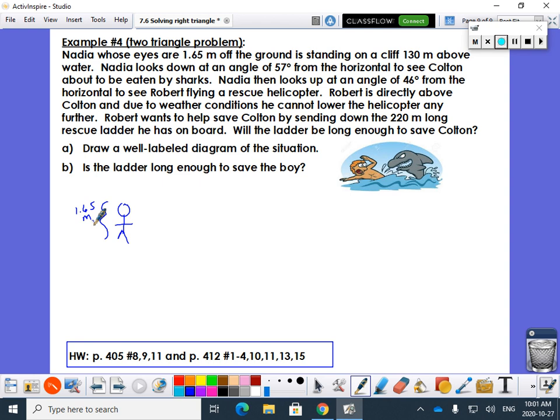So horizontal, she is looking down at Colton, which is C. What's the angle that she's looking down at? 57 degrees. Now I'm just going to close my triangle up.